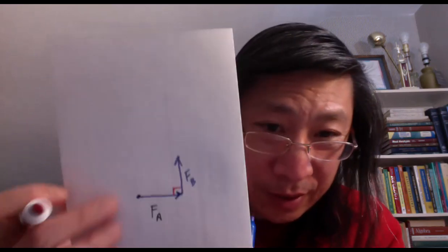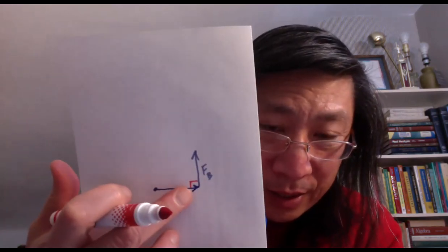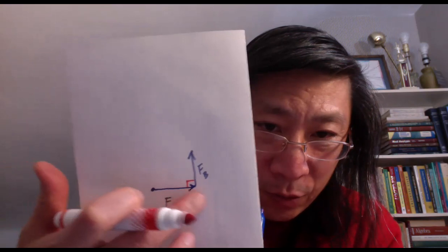The answer, which is really cool, right? Let me draw and first make sure to say this. These forces in this example are at a 90-degree angle. If they are at a 90-degree angle like this, so one is pushing east-west and the other is pushing north-south, for example, what happens?